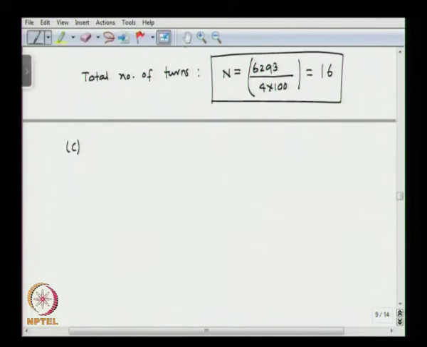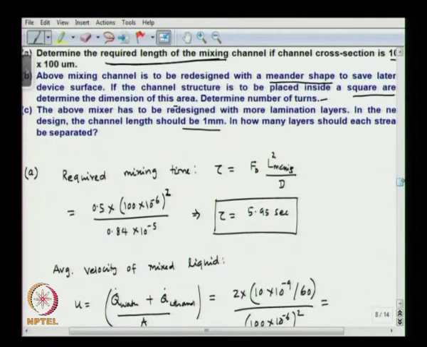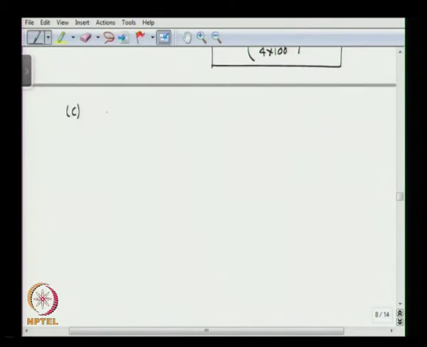Next is, the above mixture has to be redesigned with more lamination layers, so that the channel length should be limited to 1 millimeter, okay. So, we have to find how many layers should each stream be separated. So, for lamination we can say that tau nu is the time of mixing when you have more than one lamination, let us say n lamination layers.